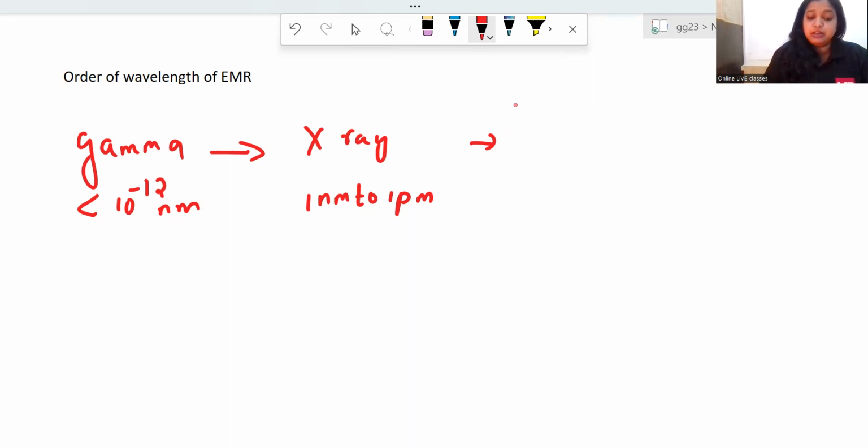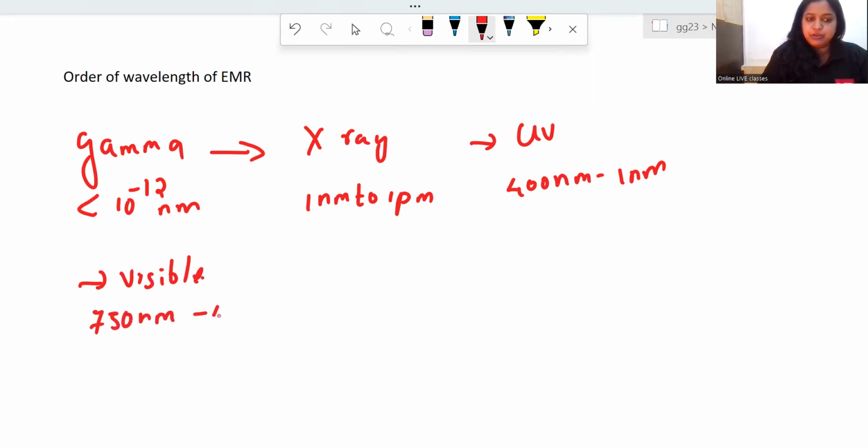Then comes the ultraviolet radiation, which has a wavelength of 400 nanometer to 1 nanometer. Then comes the visible range, which has 750 nanometer to 400 nanometer wavelength range.